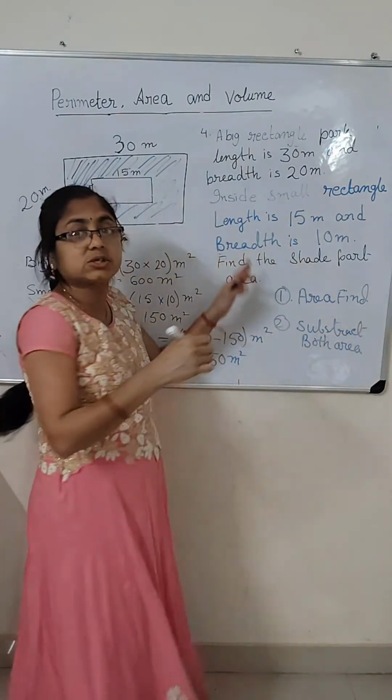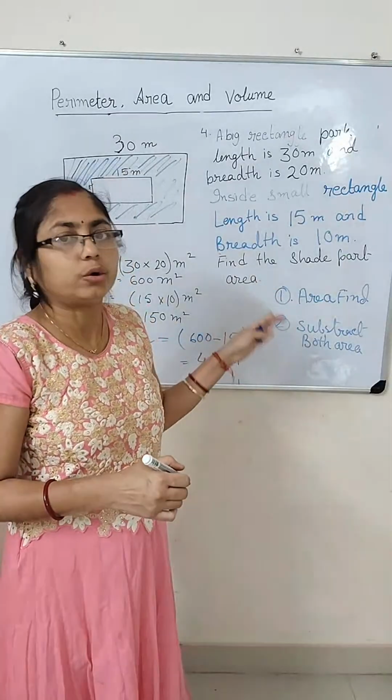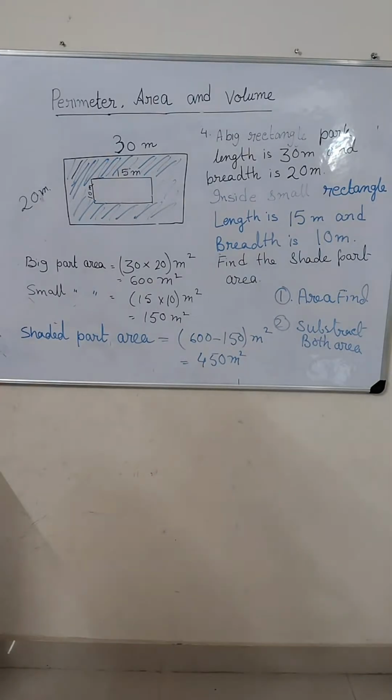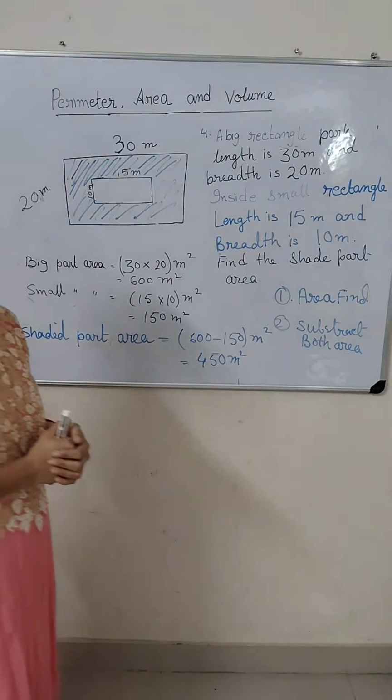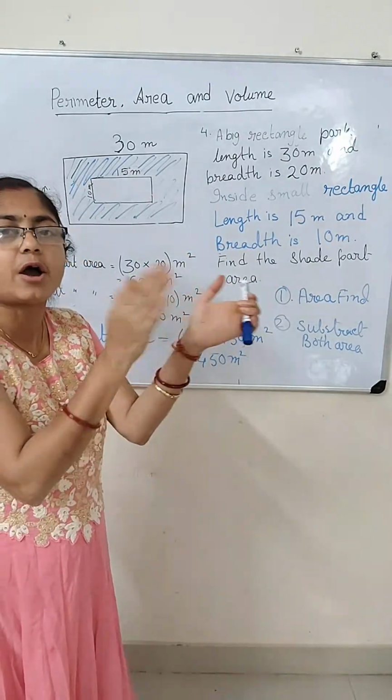I write the steps also so that if it is coming in the exam, you just follow this one. Adya and Yashin, very good. Well done, my dear. A big clap for you.